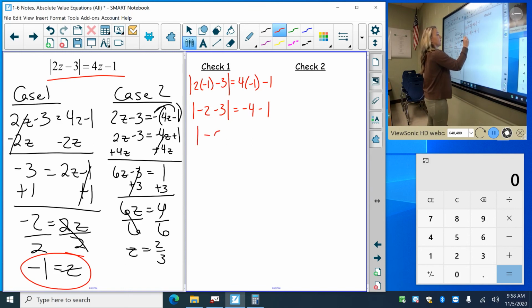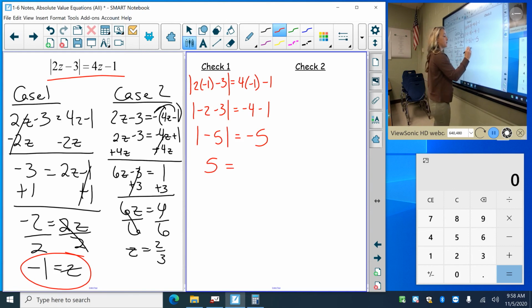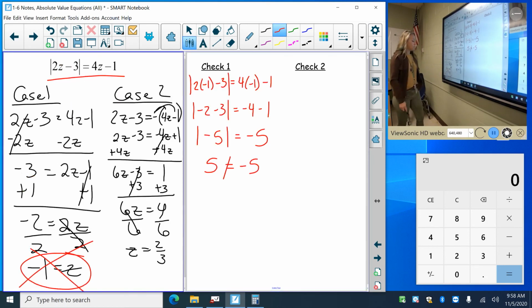Absolute value of negative 5 equals negative 5. However, what is the absolute value? What's the distance of negative 5 from 0? 5. Does 5 equal negative 5? No. So this is an extraneous solution. That is not going to work. Okay? 5 does not equal negative 5, so we would say that's an extraneous solution. And we talked about that on the second page of the notes.